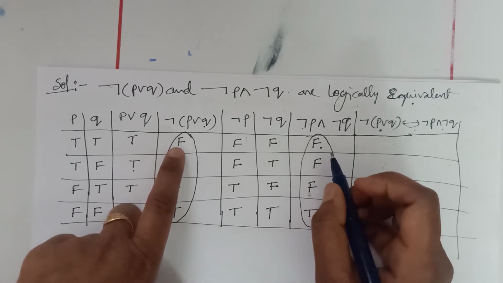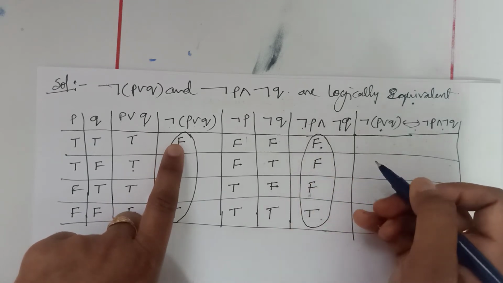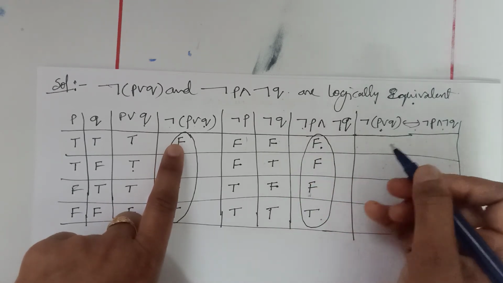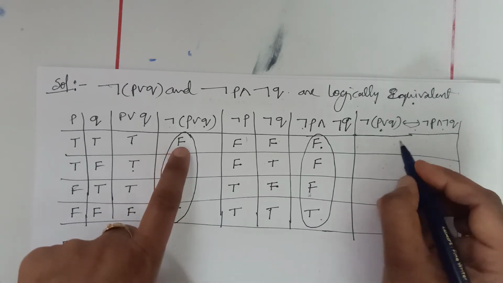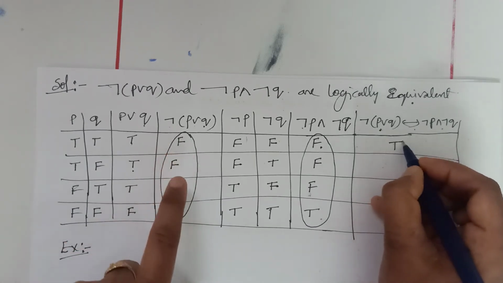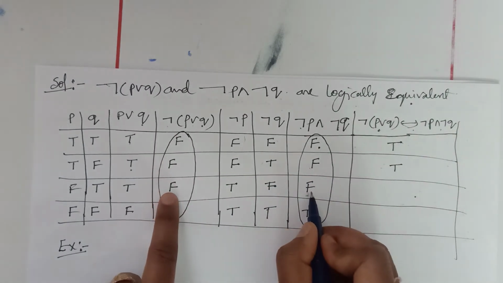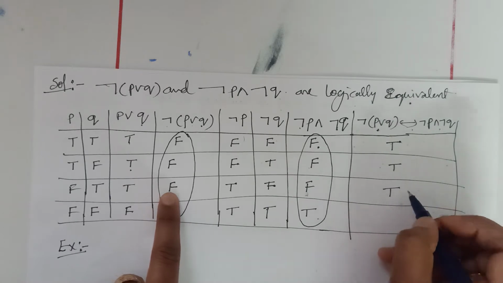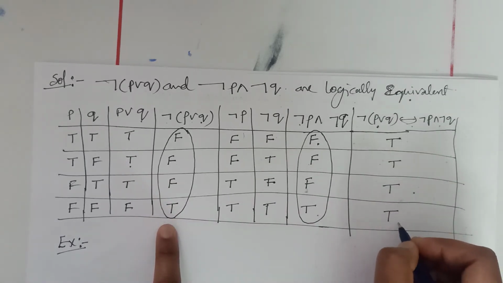In biconditional, when both P and Q are either true or false, then the truth value of P biconditional Q is true. So the truth value of this is true, of this is true, and of this is true, and since both are true, the truth value of this is true.